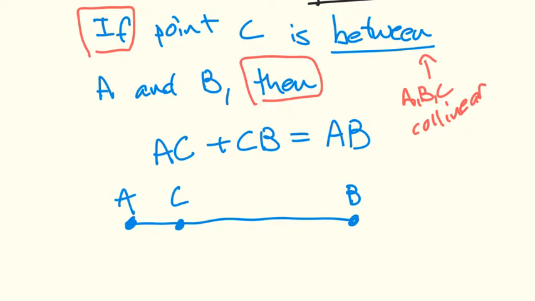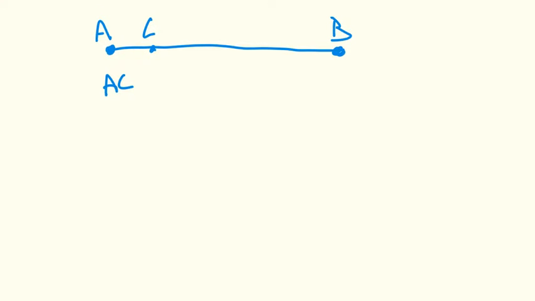So how are we going to use this to solve a problem? Well, let's look at an example. Let's say, for example, that we had, and we'll just use A, B, and C again, and say we said that AC equaled 5, and I'll put a little 5 here.